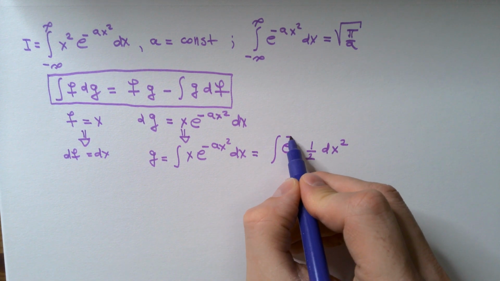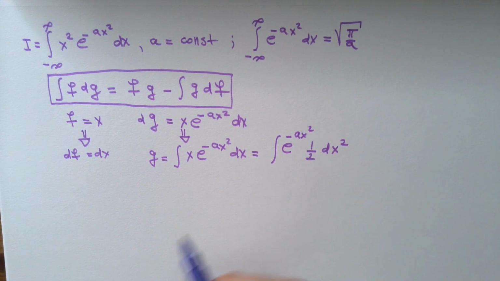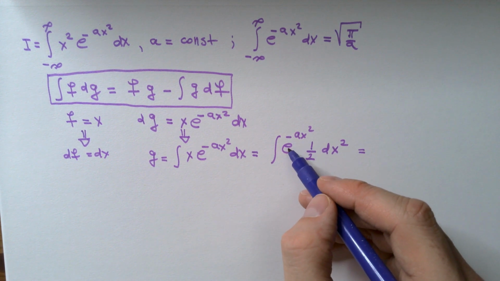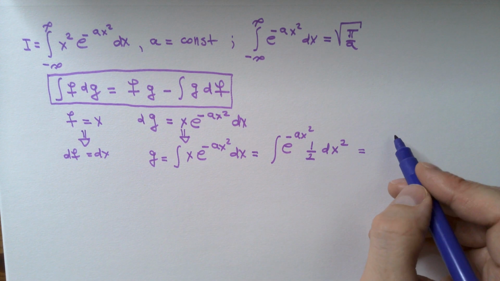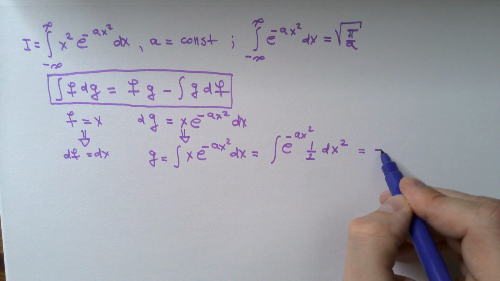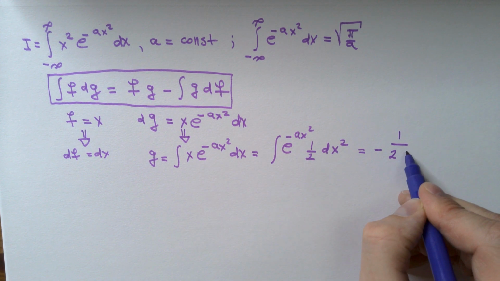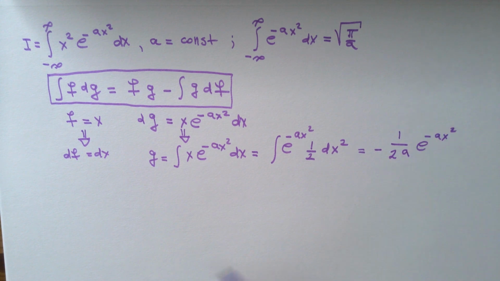And then I have here e to the negative ax squared. And now this is a table integral because this is d(x squared) and here I have x squared too. It would be like e to the x dx. And of course the solution of this is negative 1 over 2a, these two, I lower a down, and then this is e to the negative ax squared.